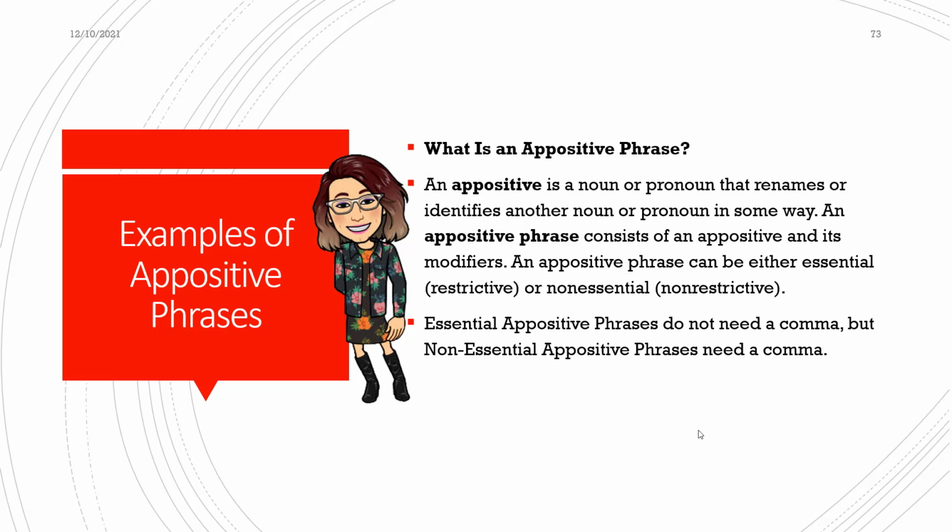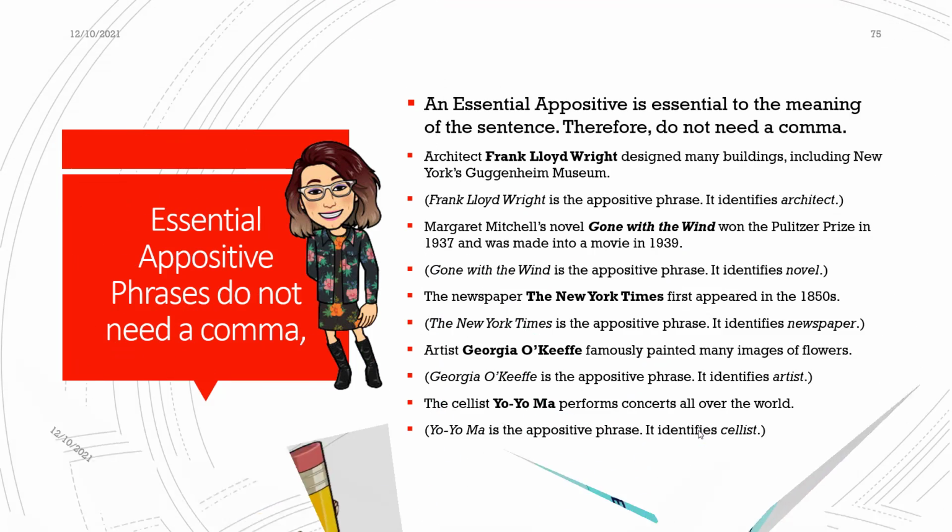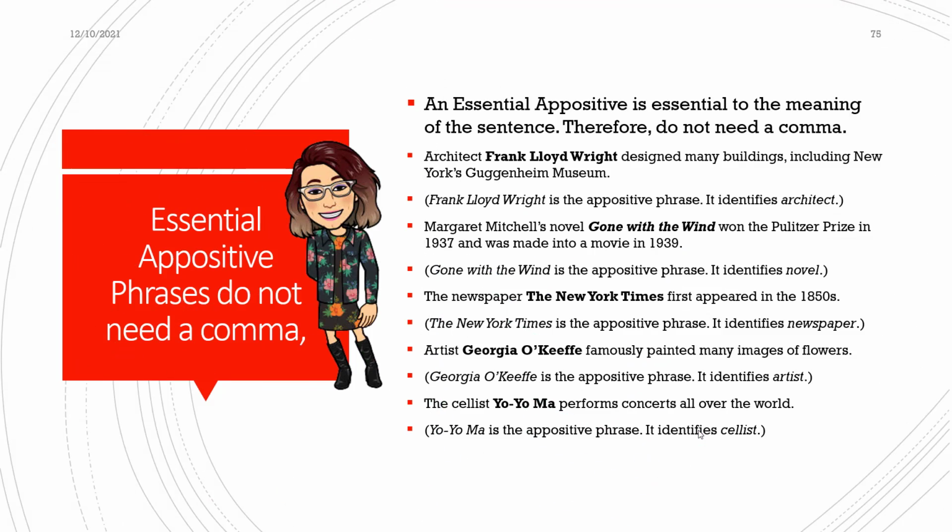An appositive is a noun or pronoun that renames or identifies another pronoun or noun in some way. And an appositive phrase, that's what we were just going over. It's a reduced adjective clause. Now, some appositives do not need a comma.